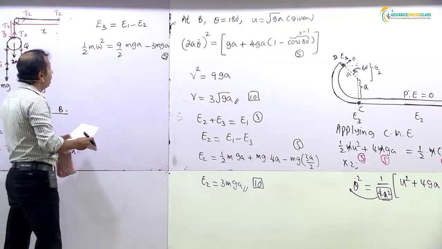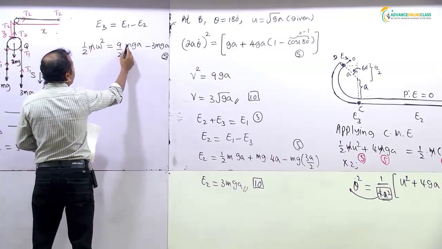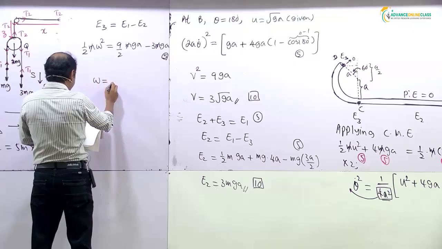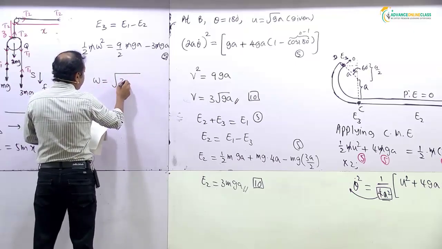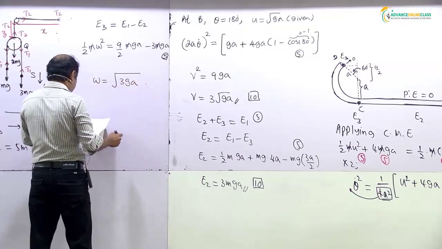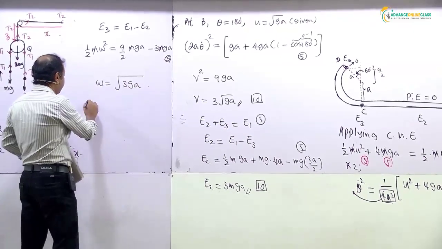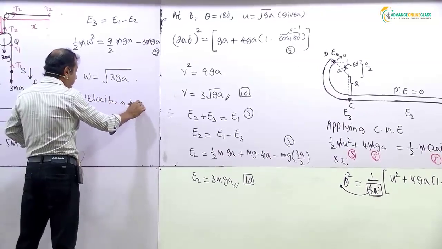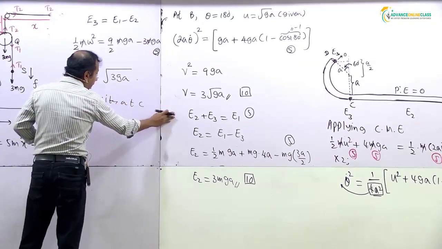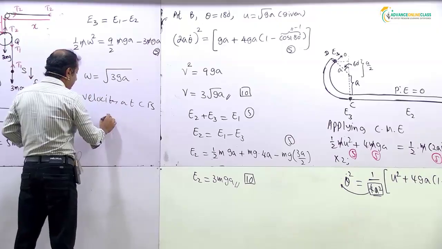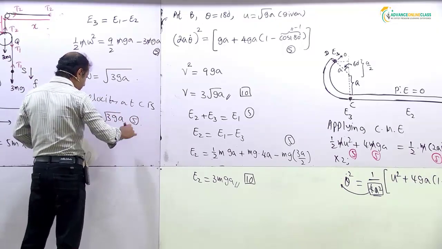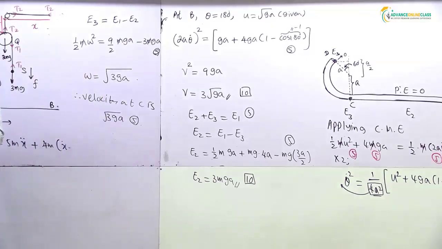And now simplify this, you get the answer for w. w comes as root 3ga. Therefore, velocity at C is root 3ga. For this part, you get another 5 marks.